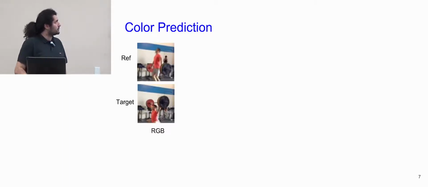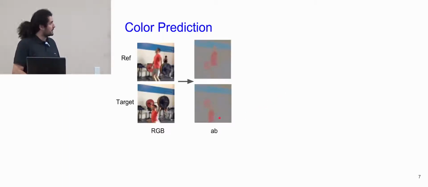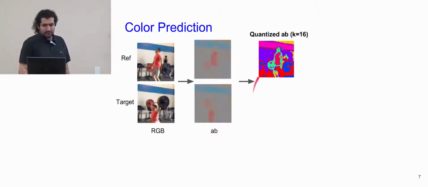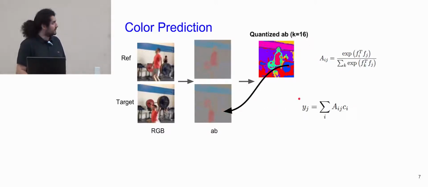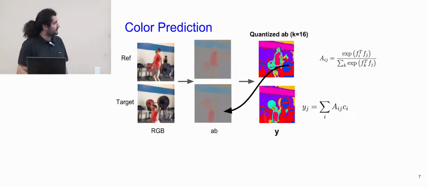This is how they do their color prediction. First they take the RGB image and convert it into the Lab space, and they quantize these AB colors into 16 different classes by using k-means clustering, because they are trying to decrease the need for computational power. We know the similarity matrix A and these quantized color values, so using the similarity matrix, we can easily copy the values to the target image, and they produce their prediction.